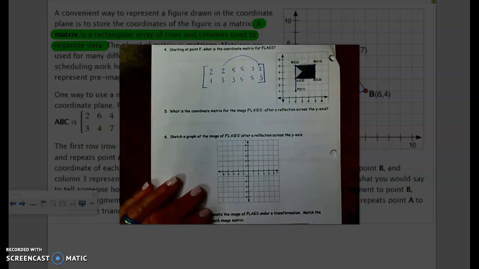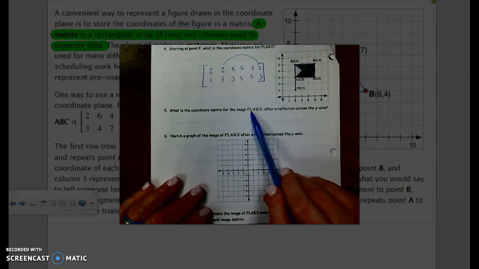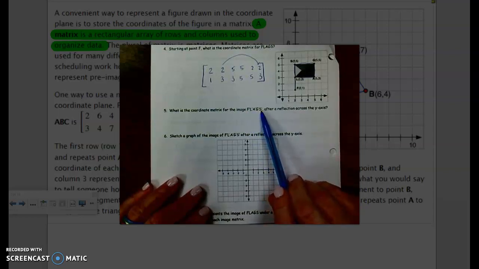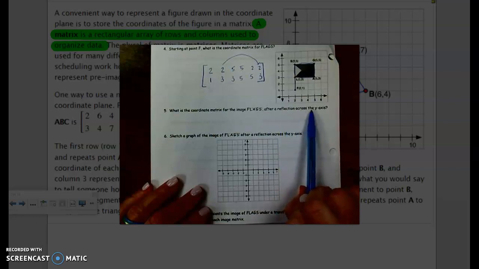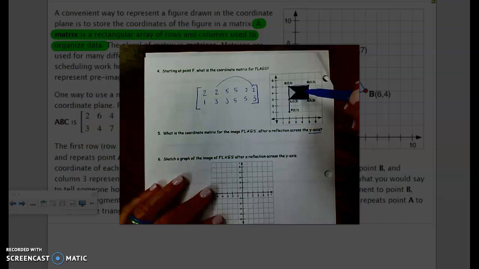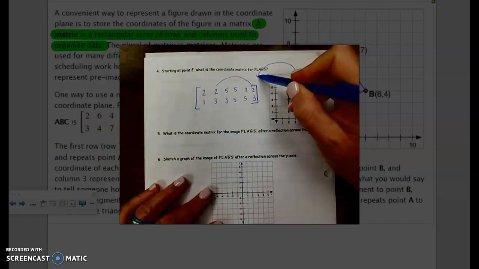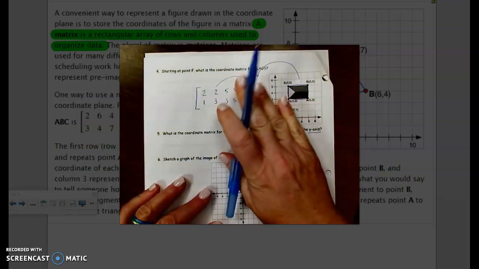So number 5 says, what is the coordinate matrix for the image F prime, L prime, A prime, G prime, S prime after a reflection across the y-axis? So if we were going to take this flag and reflect it across the y-axis, we would flip it this direction. That's a left to right flip.